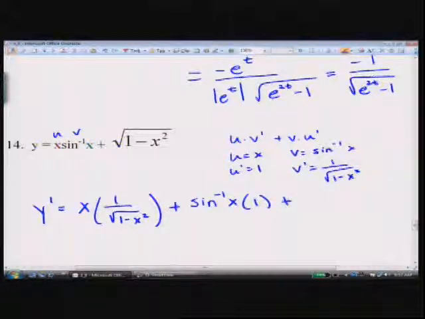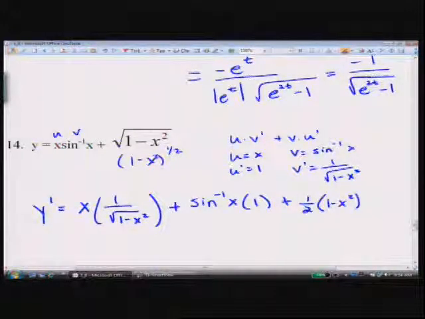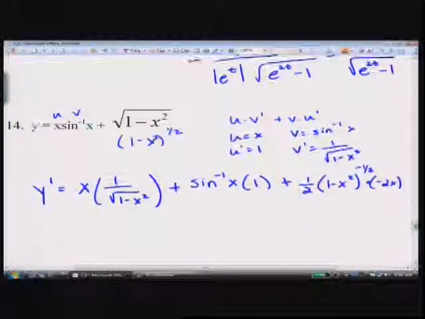plus, what is the derivative of this? Well, you can think of this as 1 minus X squared to the 1/2 power. So the 1/2 comes in front. You rewrite this, 1 minus X squared to the 1/2 minus 1, which is negative 1/2, times the derivative of that, which is negative 2X. Derivative of the inside, using the chain rule.